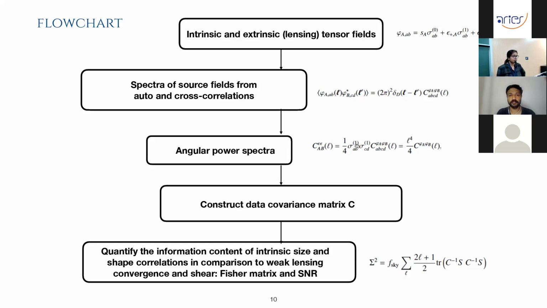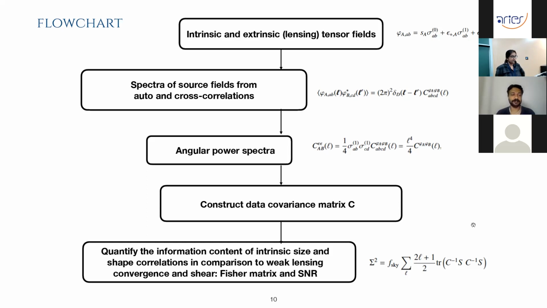Then you can compute the angular power spectra, and you construct a covariance matrix because we want to do a Fisher matrix analysis and also compute the signal to noise ratio, for which we need the covariance matrix. The covariance matrix has all the auto and cross correlations between the lensing and the intrinsic spectra.